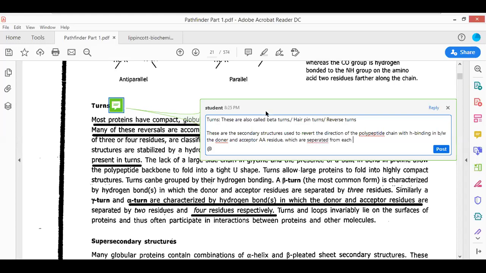So this is how turns are being produced.